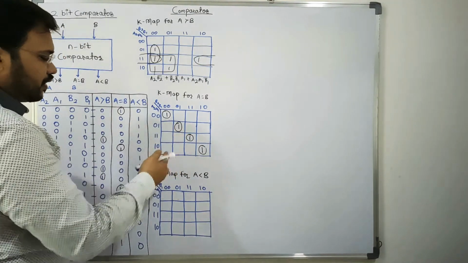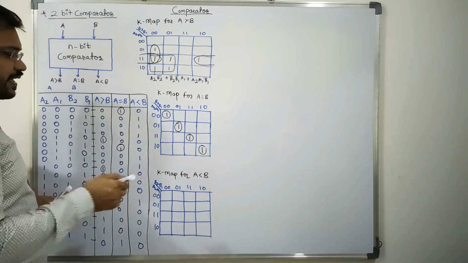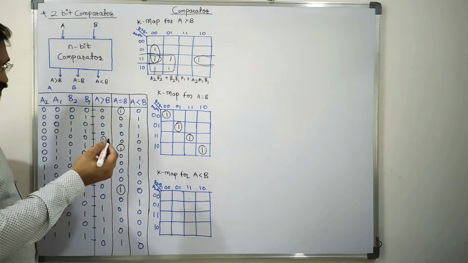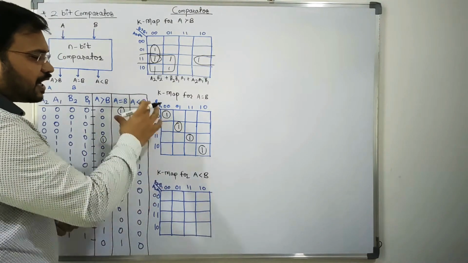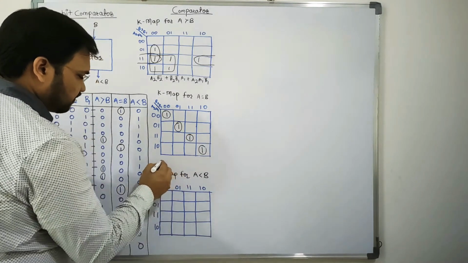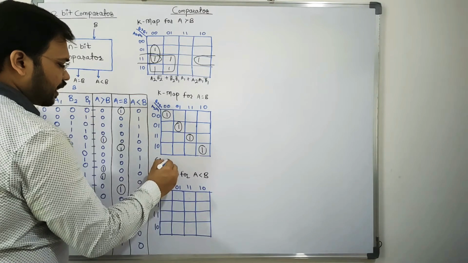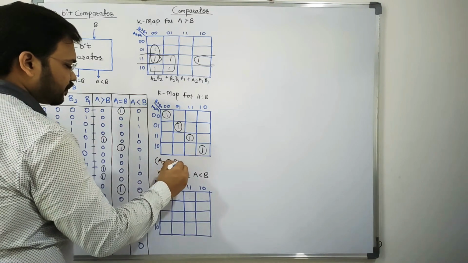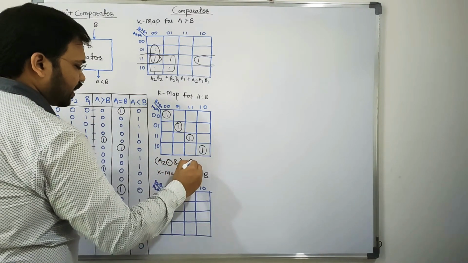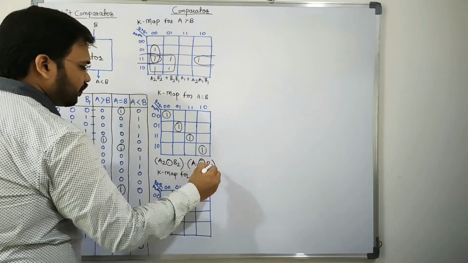So here that equation for this, directly I am writing the modified equation. After doing that calculation, I am just writing the modified equation, that is A2 XNOR B2 dot A1 XNOR B1.